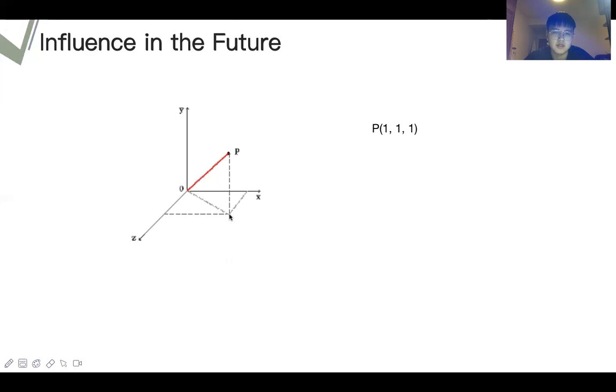Let's call this point R. So OR is the projection line of OP on the XZ plane. And then let's not look at the Y line. The thing left is just a two-dimension coordinate system, so the same thing can happen.